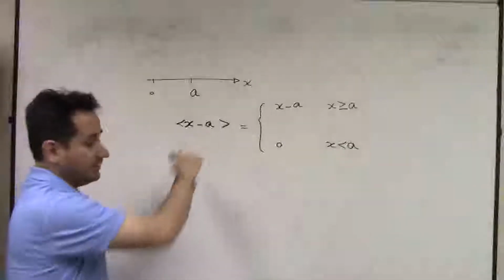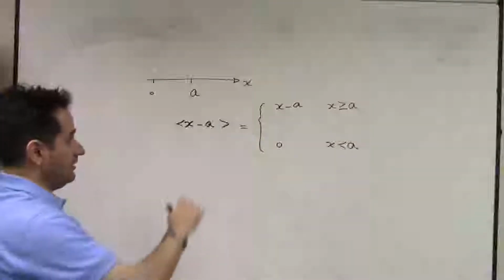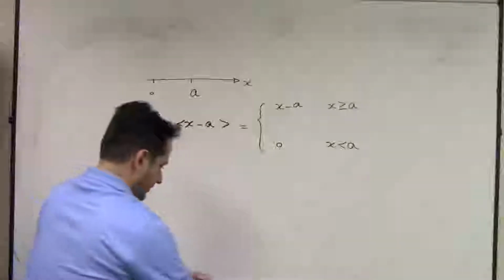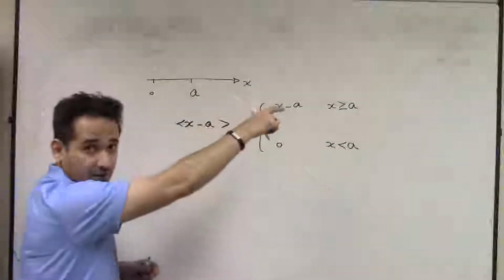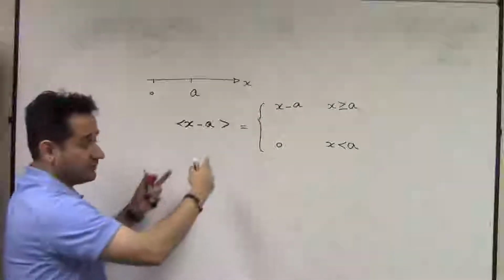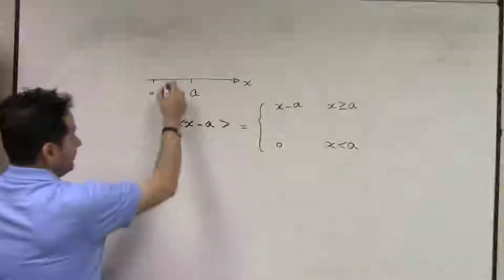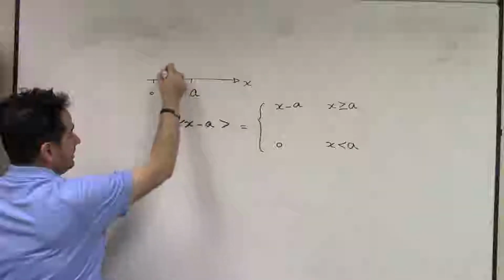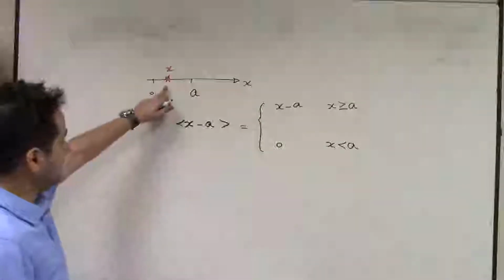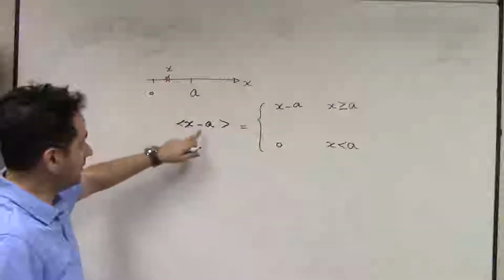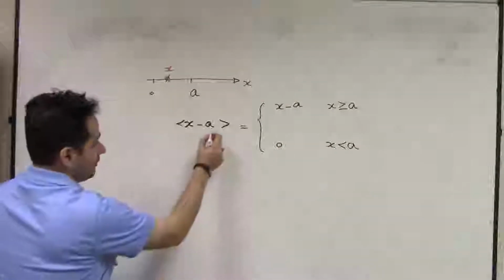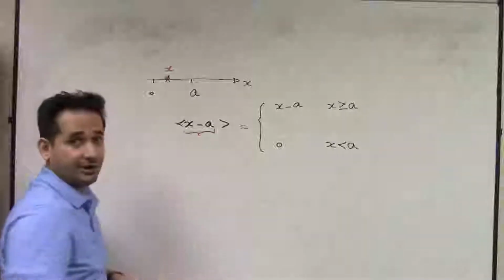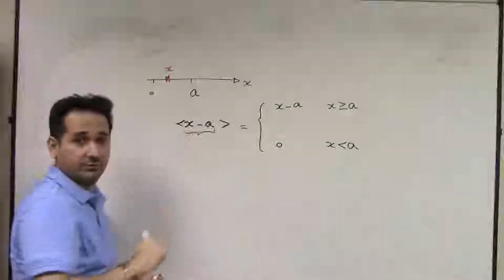Put it in brackets. Let's say you choose an x here. It turns out this is a beam in the particular beam problem, but this is a general mathematical theory. So if you have an x here, x is smaller than a, right? Every time you want to evaluate the Heaviside, first you evaluate the argument.